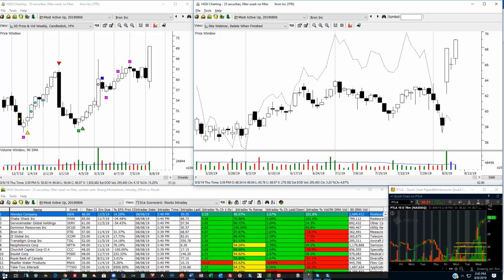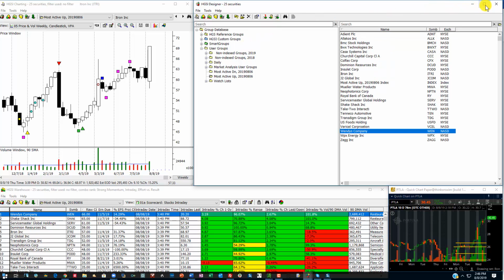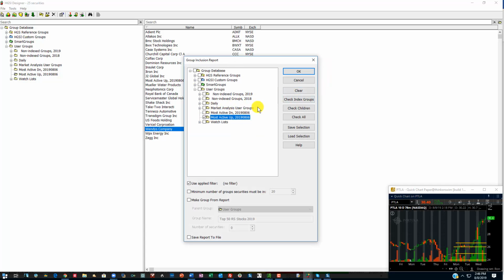Now on your PDF file, and I'm not going to bring it onto the screen, I'm going to go into my designer. And I'm going to select the group inclusion report. And I'm going to clear it. And I'm going to use this group right here, my current non-index group, which I update daily.